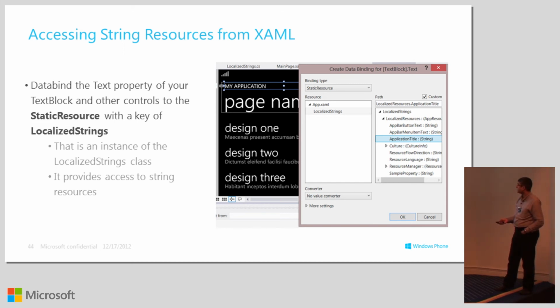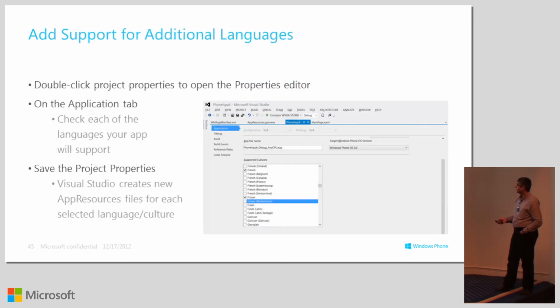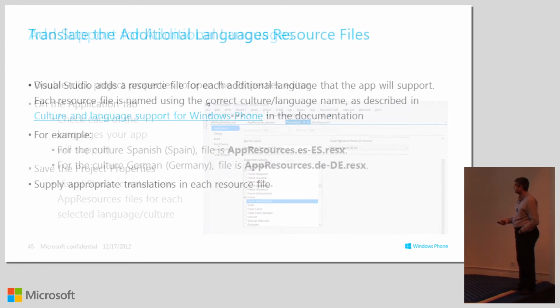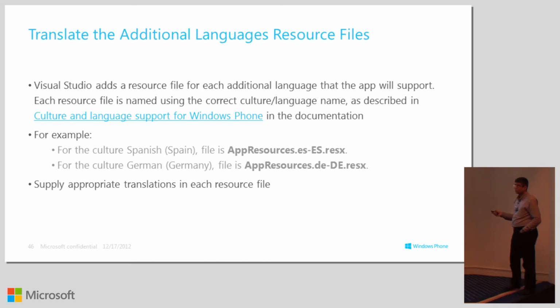Then you can add additional language resources from the manifest itself. So you choose which languages you support for your application. This is also important for certification, because you will need to tell them which languages you are going to support.